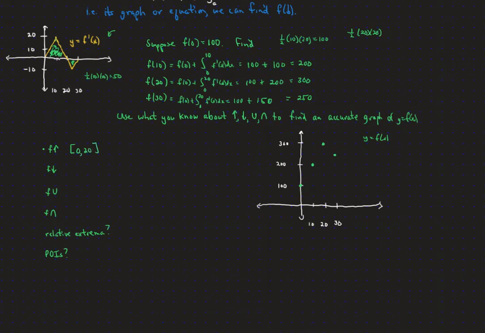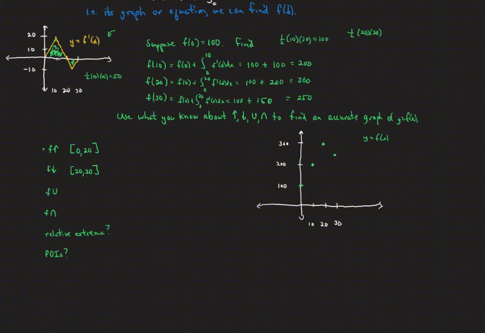So f is going to increase on the interval from 0 to 20. Similarly, when the derivative is negative, the function f is going to be decreasing, and that's going to be from 20 to 30, where we see that graph of the yellow f prime below the x-axis.